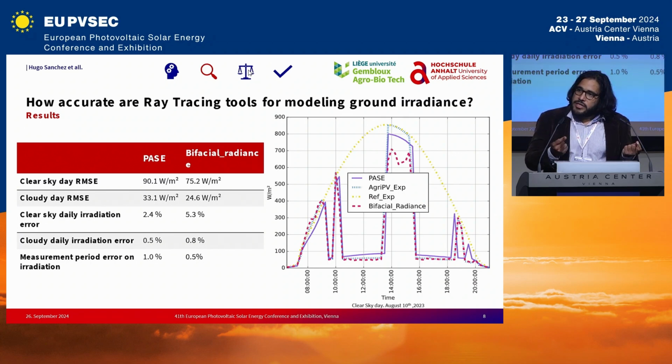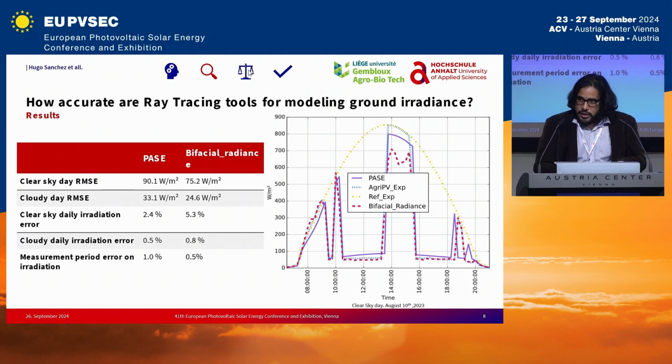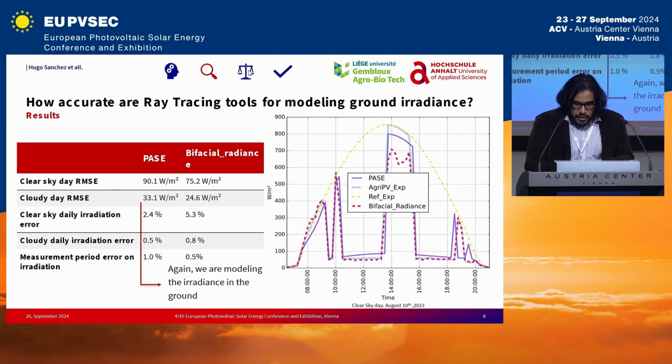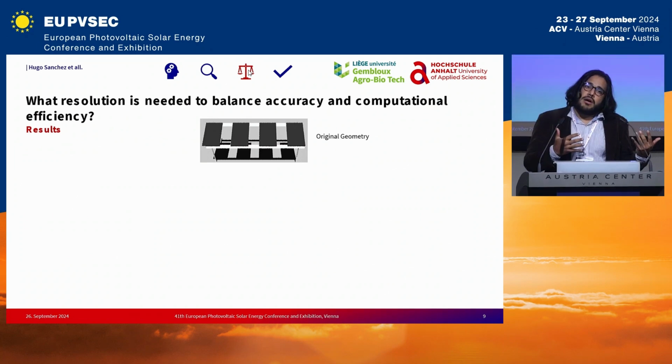Then the second question is how far we can go in the simulation. My colleague previously explained that ray tracing with low resolution or no rendering takes not that much time, but nevertheless, we can make it as complex as possible. And how much resolution do we need? In that case, we try to make a sensitivity analysis on the rendering of the image on the ground.